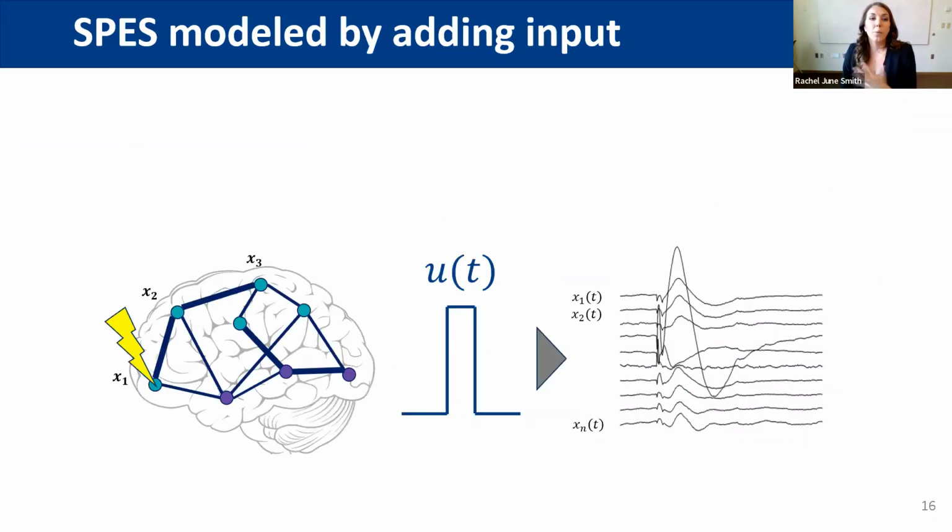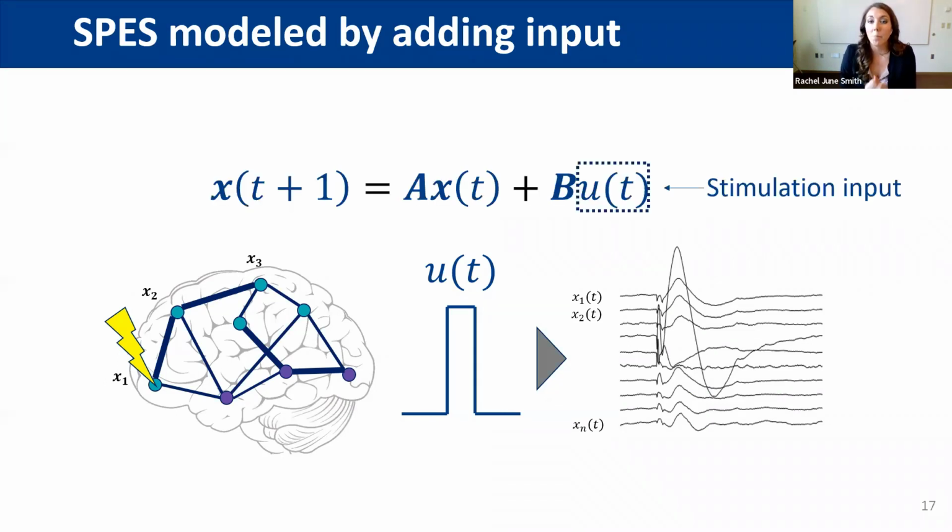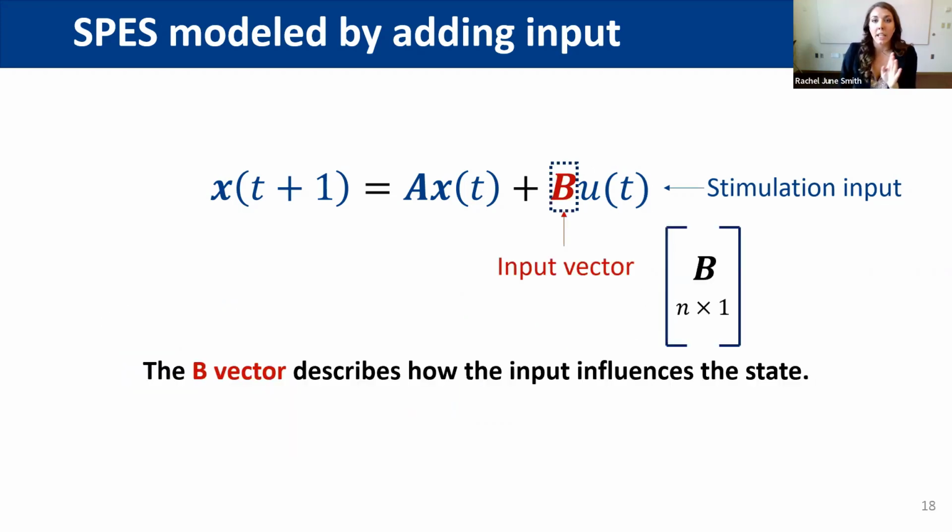Now, when we want to model single pulse electrical stimulation, we're going to need to add a new term. We're going to add an input term here. U of t is going to represent our input, which is just going to be a step pulse. It's a scalar that's representative of our stimulation. And then our input vector is going to be described by B, which is an n by 1.